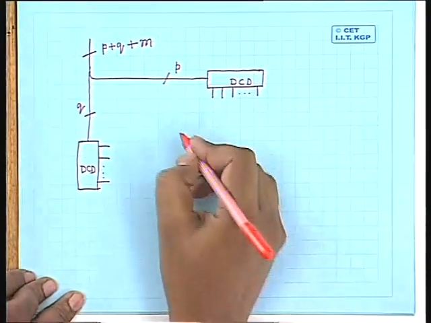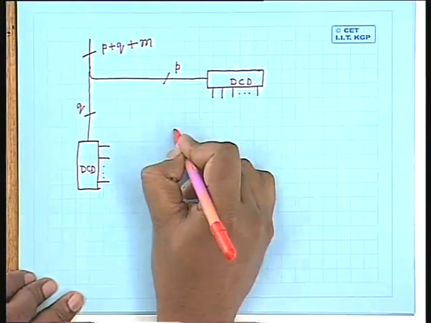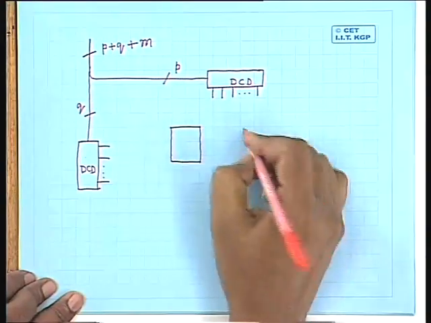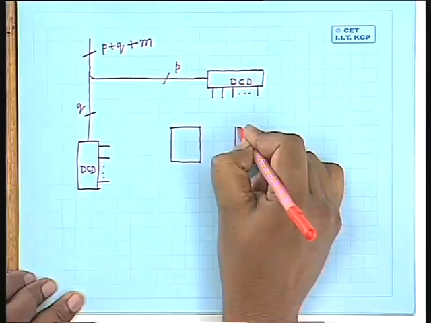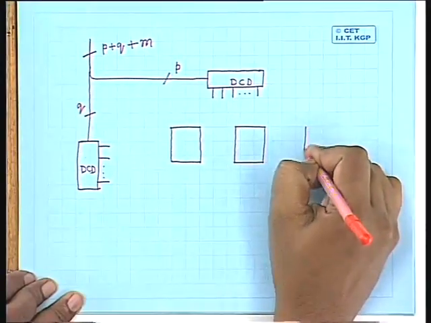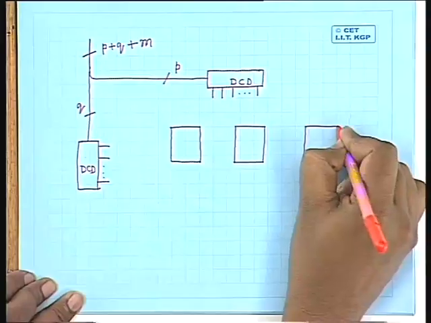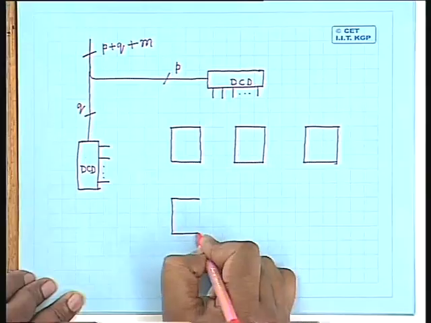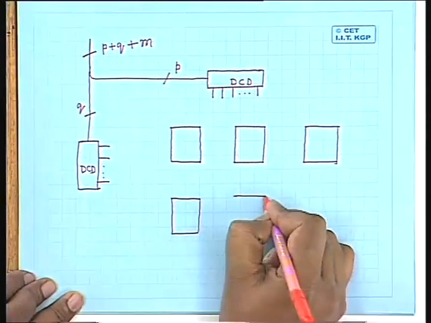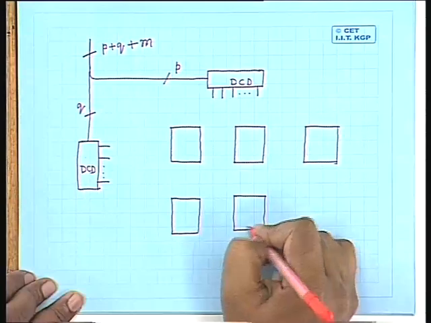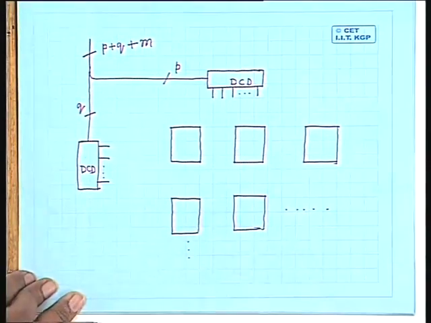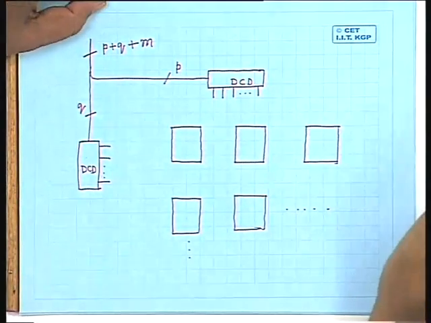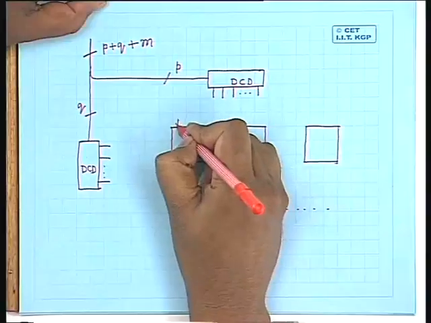The chips I will organize in the form of a two-dimensional array. Like this, the chips will be organized, and here I assume that every chip will have two select input lines: one is chip select 1, the other is chip select 2.